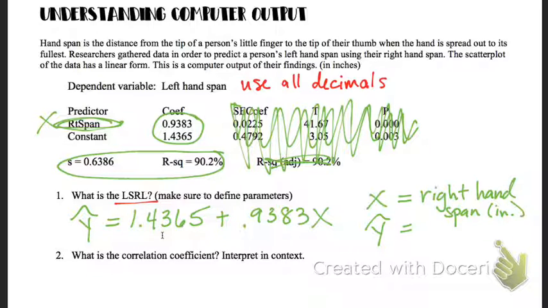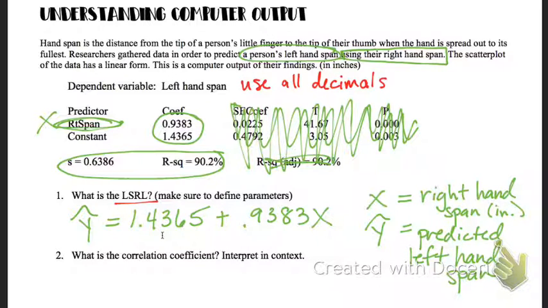In the context of the problem, it says that they use their right hand span, that's the data that they collect, to predict the left hand span. So basically, I'm given the right hand, and I'm predicting, so predicted left hand span. You have to say predicted every time if you put a hat next to it. I usually do the y hat with predicted.